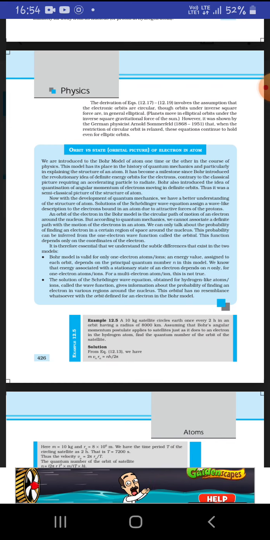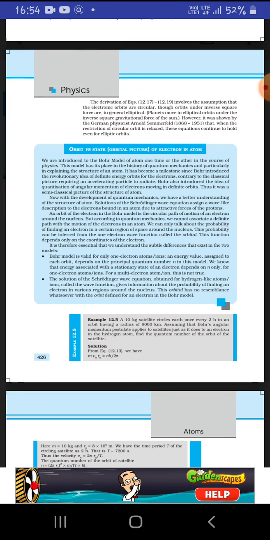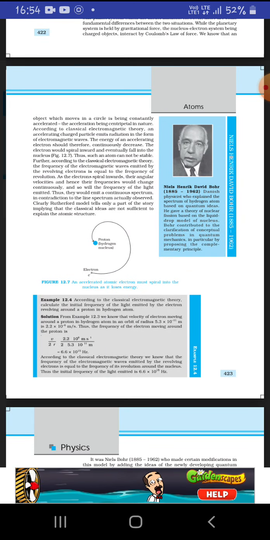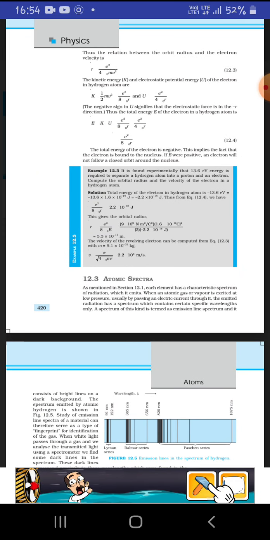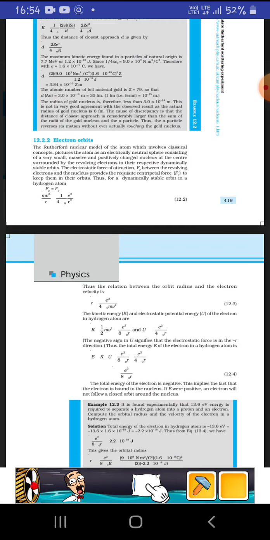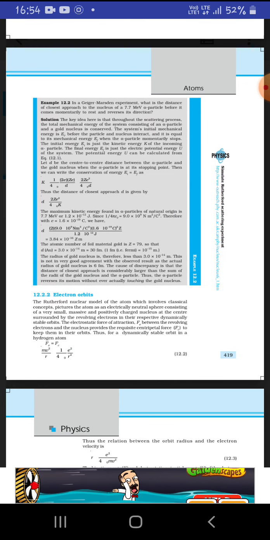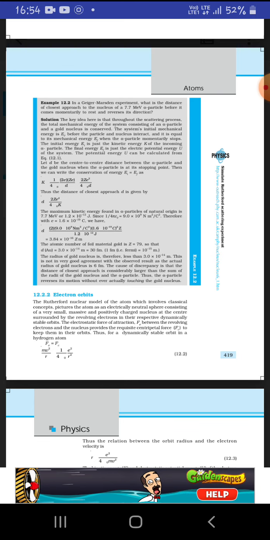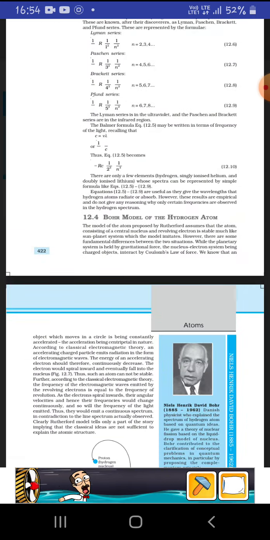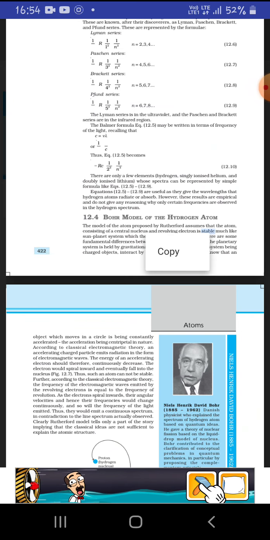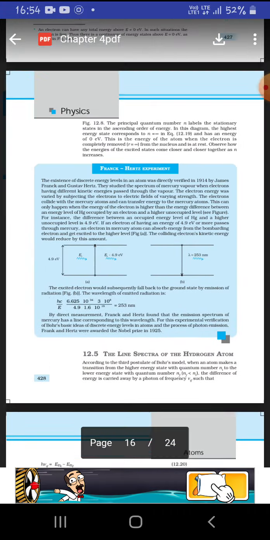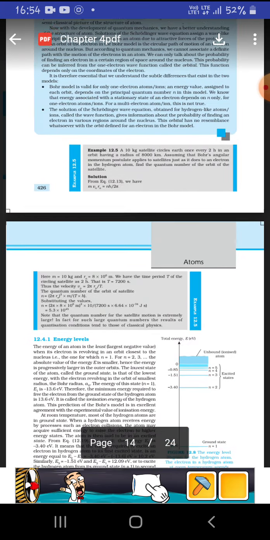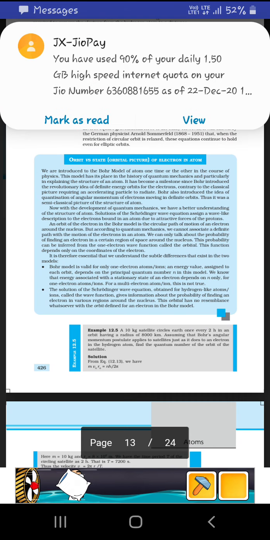So here you learned these formulas in the starting two parts of the chapter. Next I will go to the second part, and I will explain the next part.